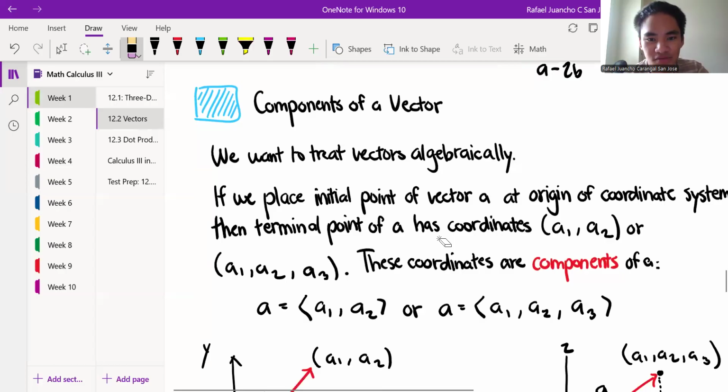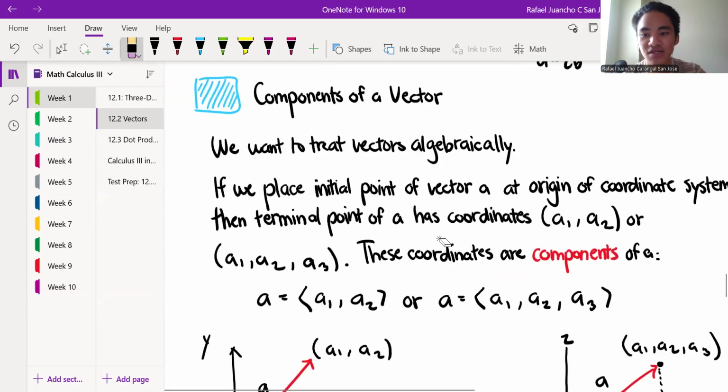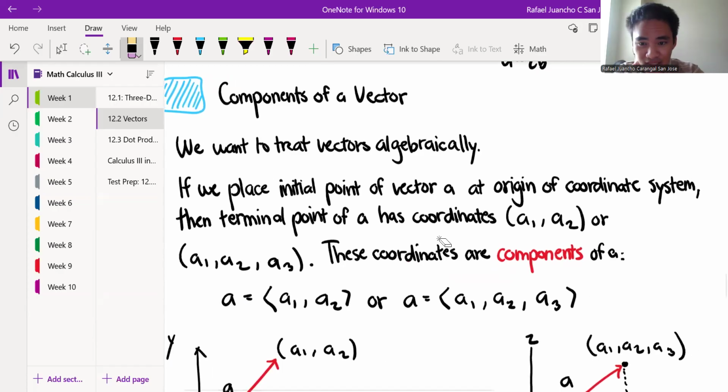Okay, components of a vector. So we want to treat vectors algebraically. If we place the initial point of vector A at the origin of the coordinate system, then the terminal point of A has coordinates A1, A2. So now we go back to our 3D thing. This is our 2D.